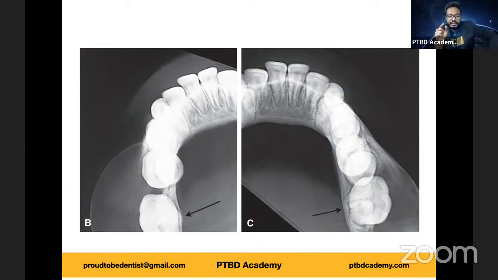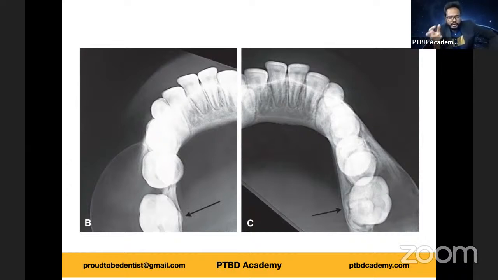You can clearly make out the root tips on the lingual aspect, right? So tilting of the crown, especially of a mandibular molar, is one of the striking characteristic features of buccal bifurcation cyst. And in the process, you have seen that there is smooth expansion of the cortical plate on the buccal side, right?